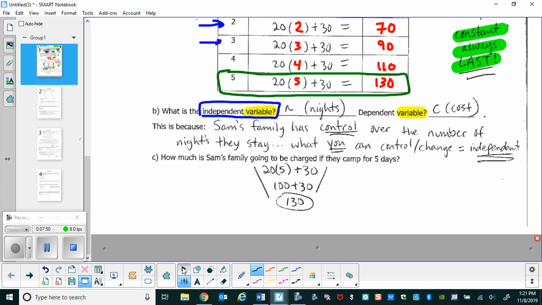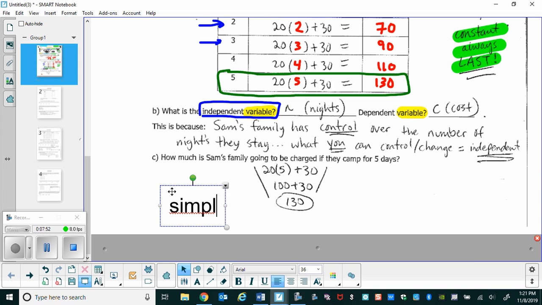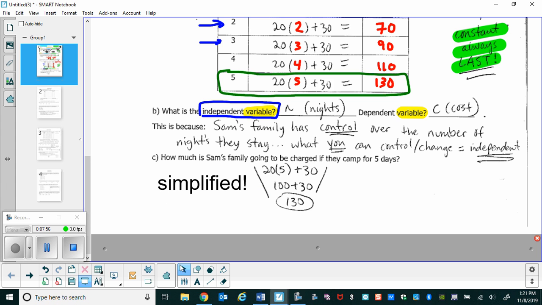I want to remind you guys that this part right here, we simplified because we had all of our parts, but we could solve. If you saw an equation, it might change the scenario to say, if Sam's family spent $130, how many nights did they stay?